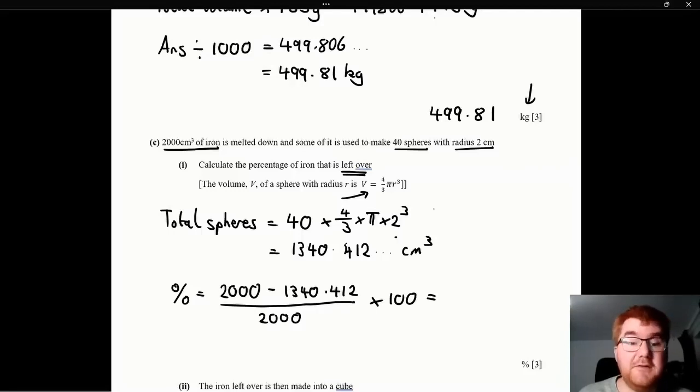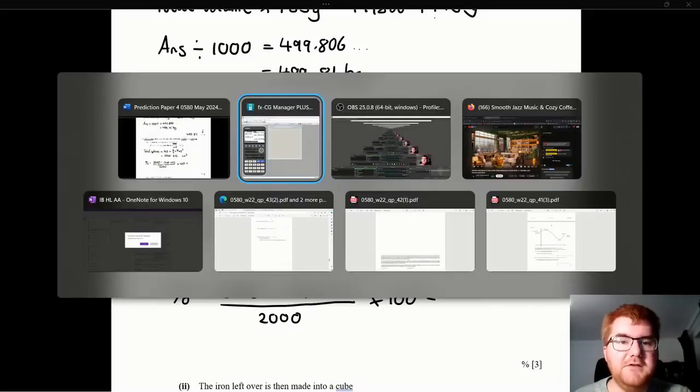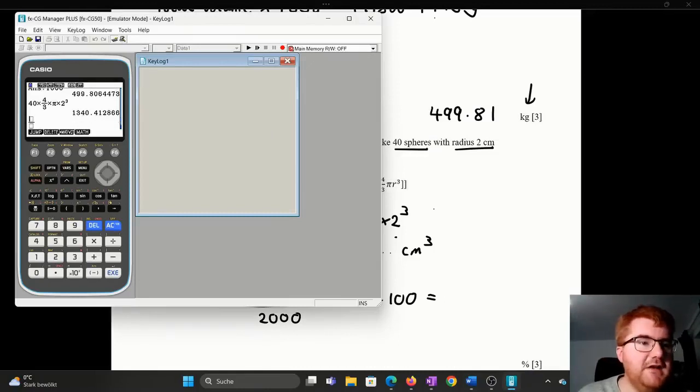Again, lots to put in our calculator, but just need to be very careful how we do this. So let's have a fraction here. We have 2,000 minus our answer from before. And using the answer button, really important, divided by 2,000, that's our total amount of iron, and we want it as a percentage, not a fraction, so we times by 100.